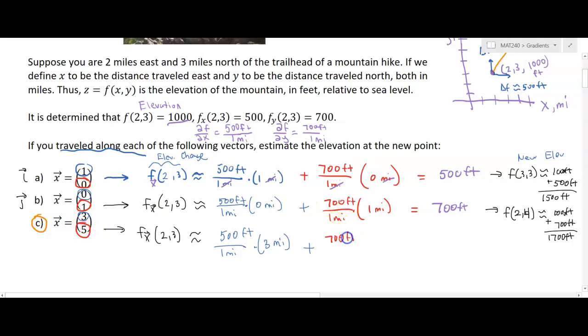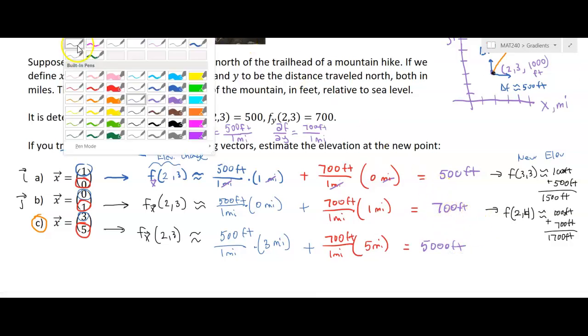And for every 1 mile, we gain 700 feet of elevation, multiplied by those 5 miles. And that's going to give us a new change in elevation, which we'd expect to be much greater because we're doing displacements in both these directions. So 1,500 plus 3,500 will give us 5,000 feet of elevation change.